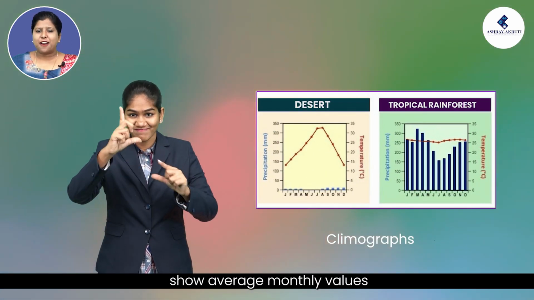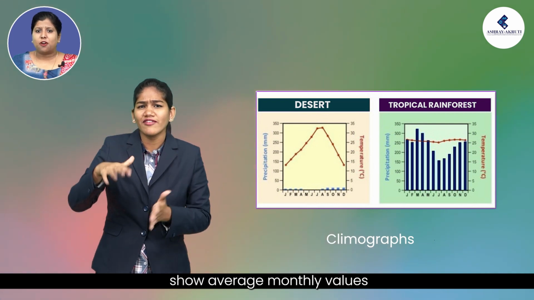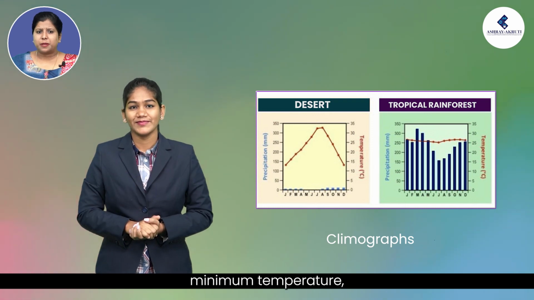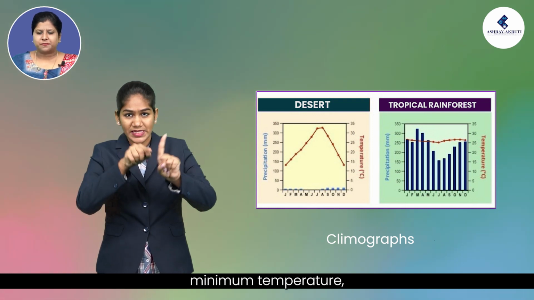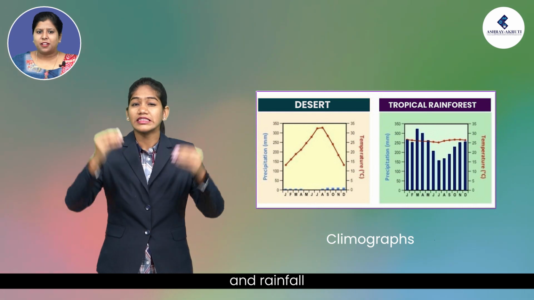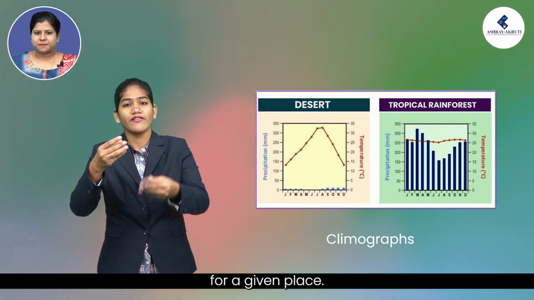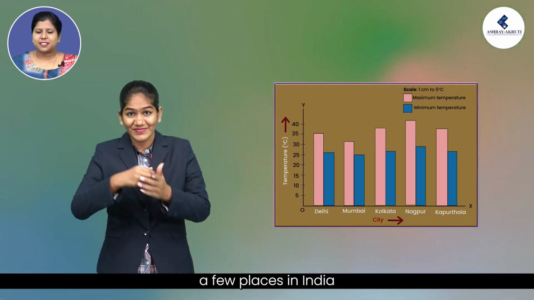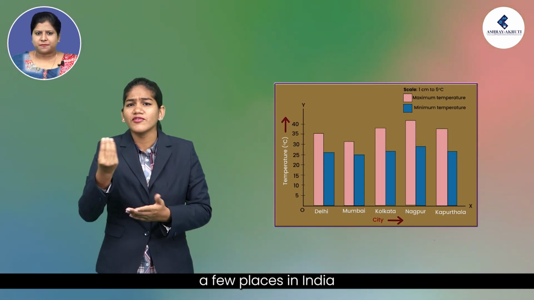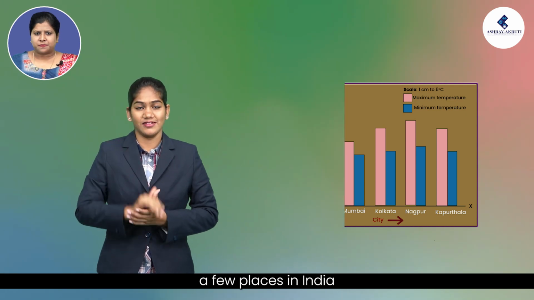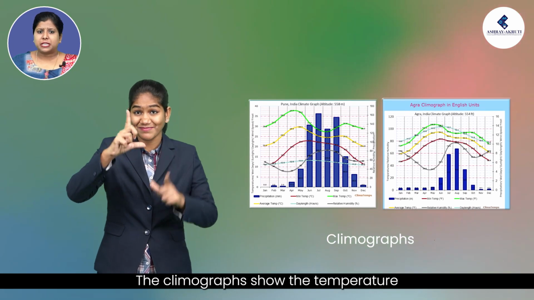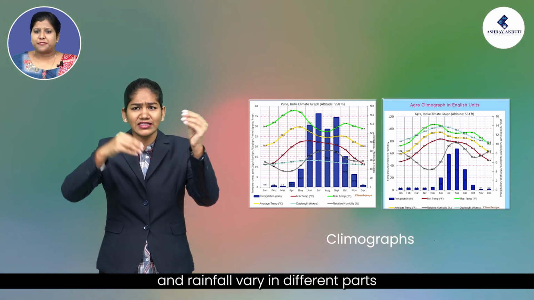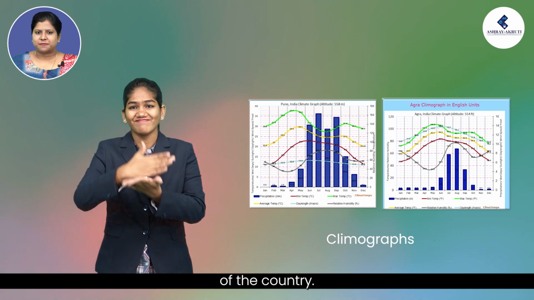Climographs show average monthly values of maximum temperature, minimum temperature and rainfall for a given place. Climographs of a few places in India show how temperature and rainfall vary in different parts of the country.